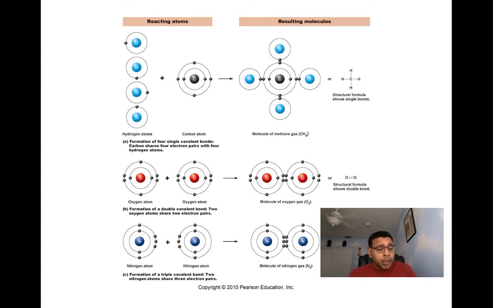Now, I want you to know that during covalent bonding, the shared electrons are shared equally only most of the time. When they are shared equally, they give rise to nonpolar molecules.